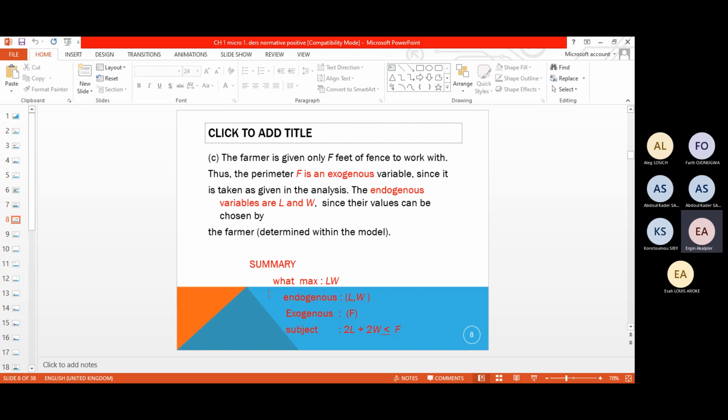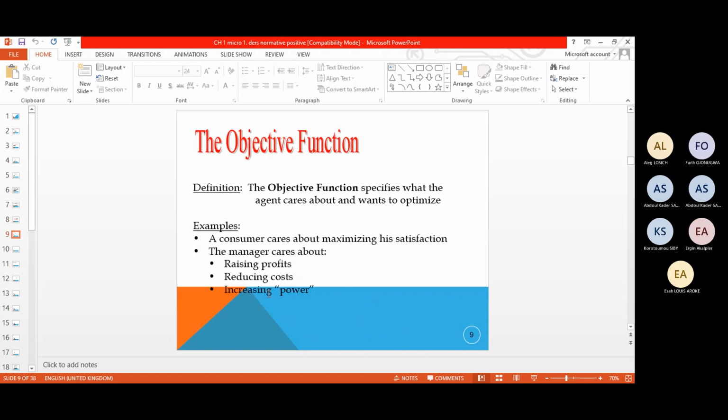These three steps must be done to be able to solve such questions and such a simple model. Then the objective function, as you are understanding, specifies what the agent cares about and what to optimize.